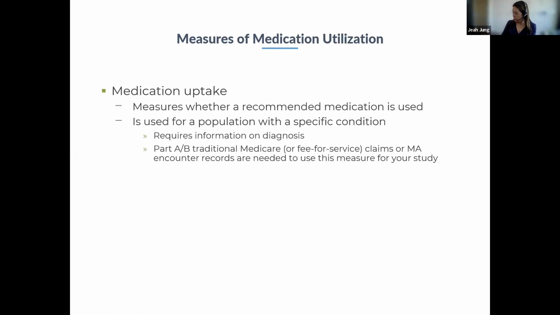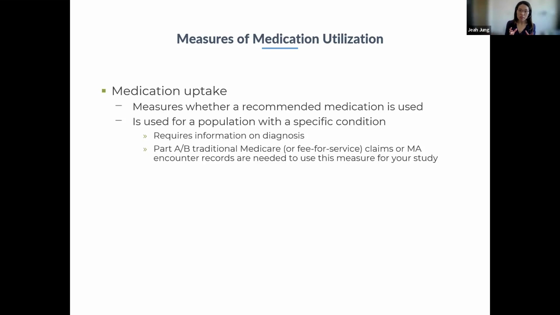I mentioned the MPR and PDC, but they both are adherence measures. But before adherence, one thing that we could study in our research is whether beneficiaries actually use certain drugs, right? So medication uptake means whether a recommended medication is used or not. This is just a binary indicator, 0 or 1, right?